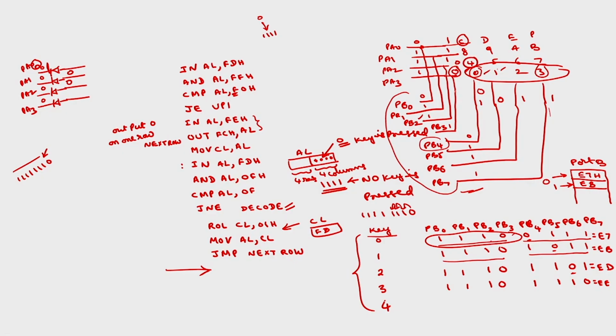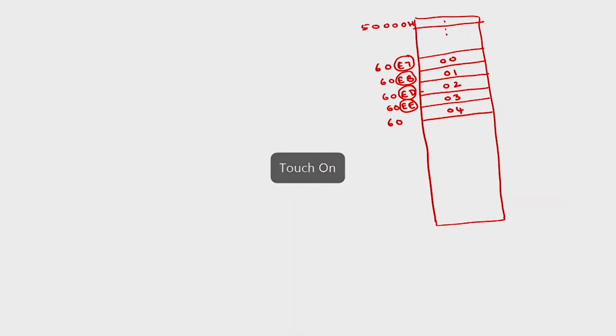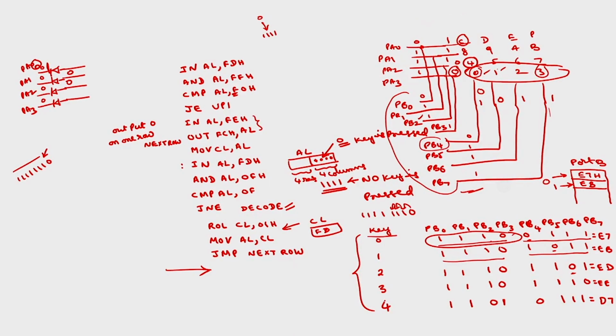This bit is connected to PB2. And correspondingly, 4 is in this row, so PB4 should be 0, and the remaining will be 1s. This will be D7, so I have to store 4 at the location D7.